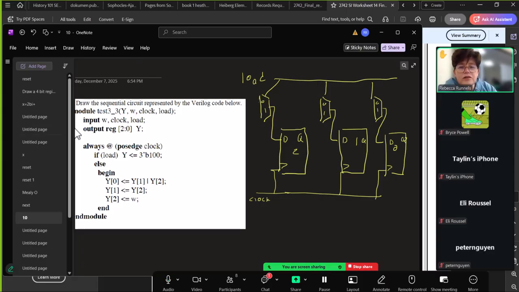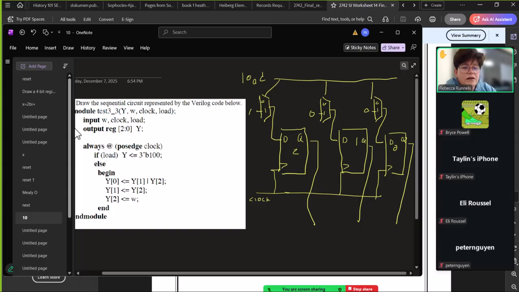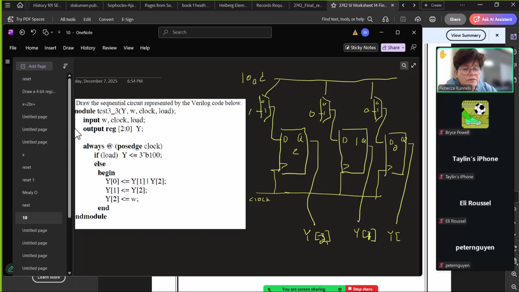So if load equals 1, I want to put 1, 0, 0. And this is Y2. This is Y1, and this is Y0.